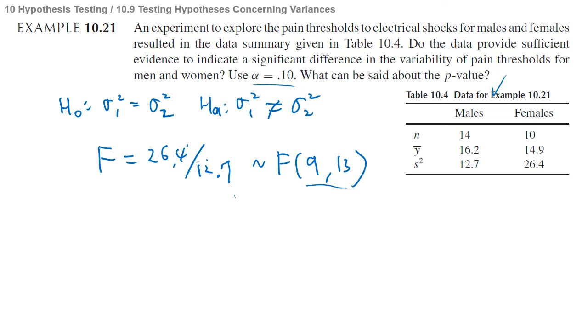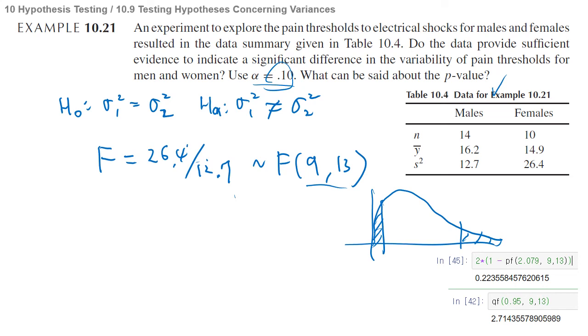And this follows an F distribution. What would be the threshold using alpha equals 0.1? There's a threshold here and a threshold here, so you have 5% here and 5% here.